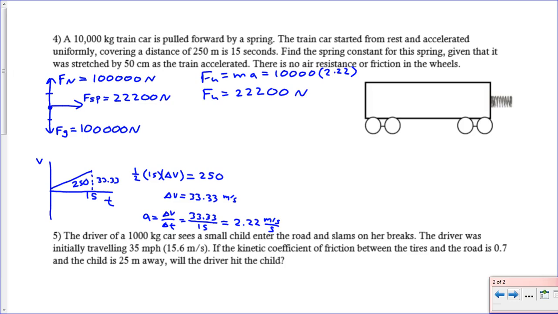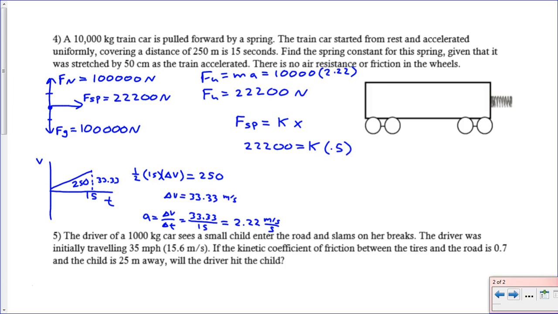All right, and what we can get from there is we know Fsp is 22,200. We also know that Fsp equals kx. So 22,200 equals k, in this case, is what we're trying to find. And it was stretched by 50 centimeters, but it's important that we get that to meters, so it's 0.5 meters.